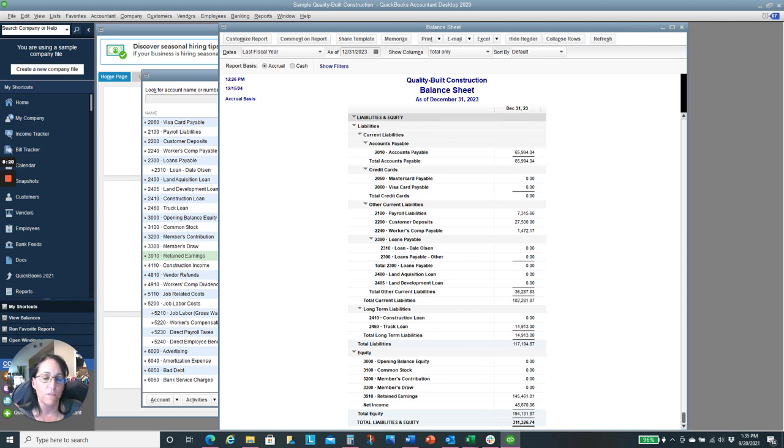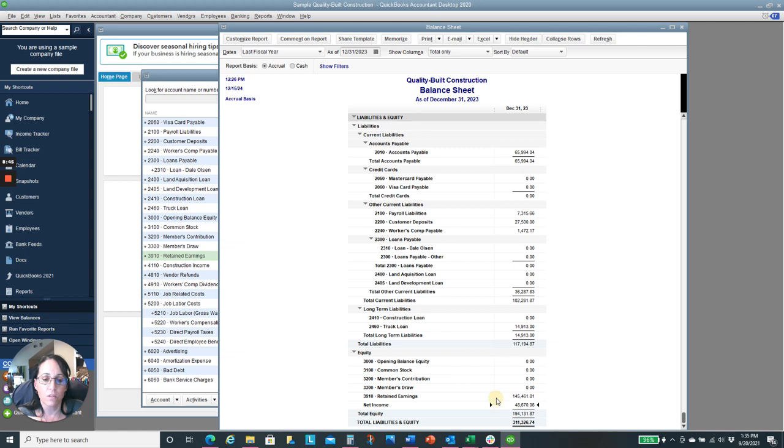So if you made money at the end of the year, say for instance, this is going to flow into this number. It's going to be represented right here, and it's going to increase this number, not decrease it. If you show a net loss, it reduces your retained earnings. If you're showing that you took out a bunch of draws, it reduces your retained earnings.